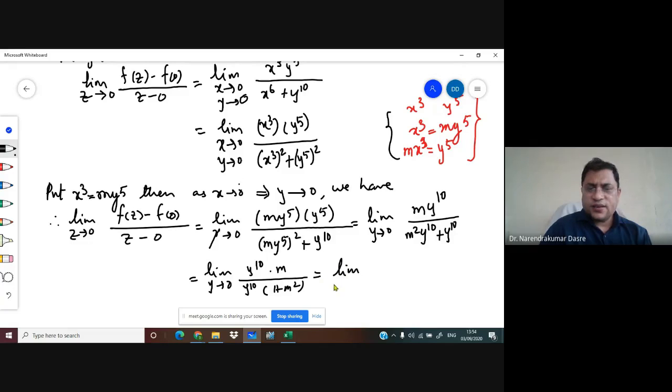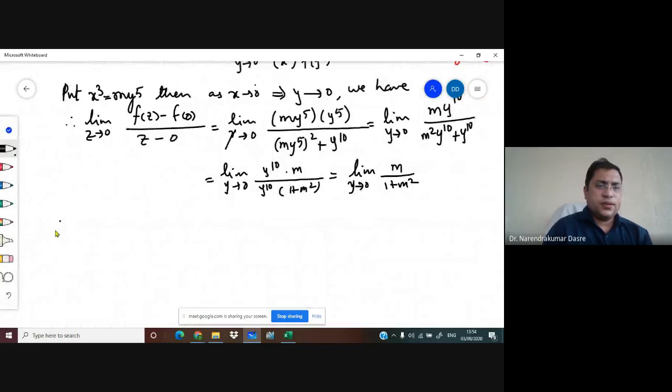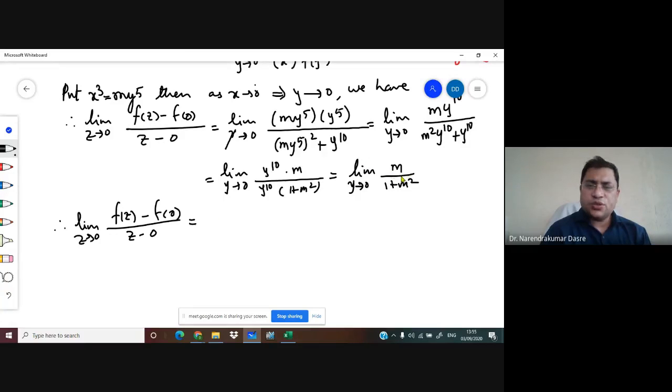We can write this as limit y tends to 0, m upon 1 plus m square. Or we can write that limit z tends to 0 of f of z minus f at 0 on z minus 0 is equal to, now you can see there is no y, so this term will not affect, and hence m upon 1 plus m square.